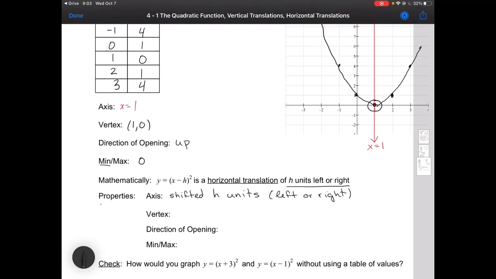My vertex is going to be x minus h, and then k still stays the same, which in our case we can just leave as a 0. Our direction of opening stays the same, and our minimum or maximum value stays the same.